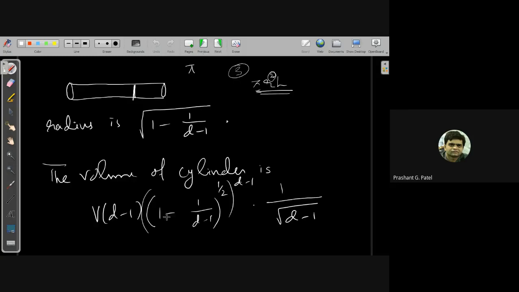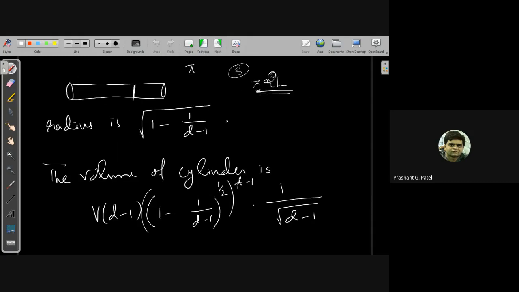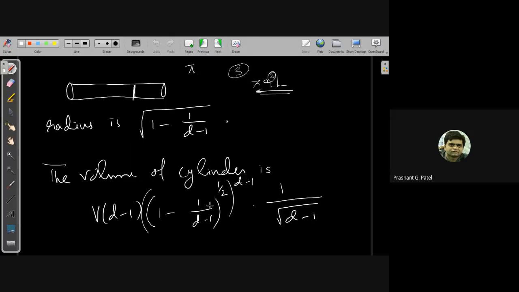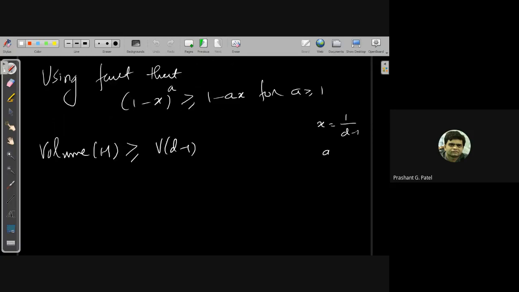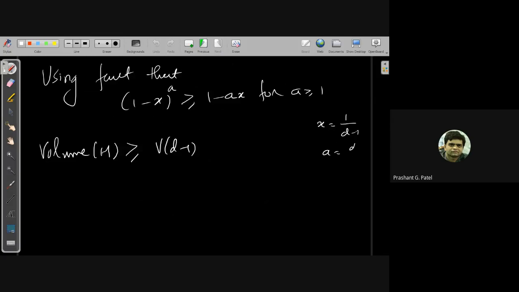So it is (1 minus 1 upon d minus 1), where instead of x we have 1 upon d minus 1, and instead of a we have this quantity, that is d by 2. So x is equal to 1 upon d minus 1 that we have here, and the value of a we can consider is d minus 1 by 2.